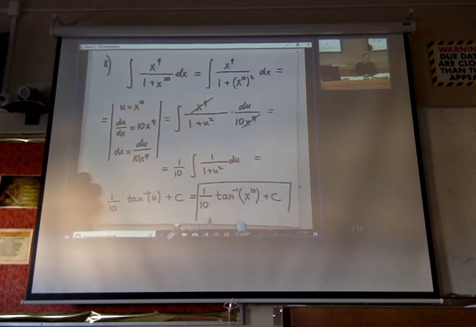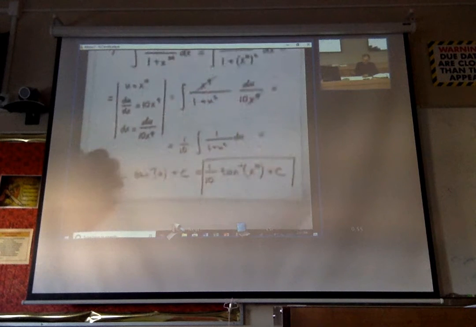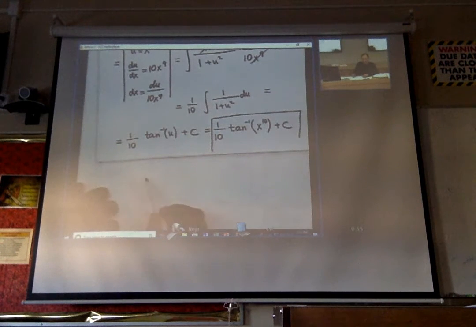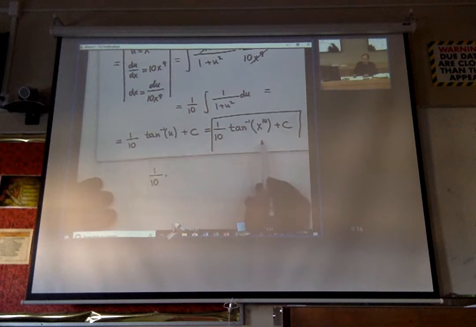But that's right. You just take the derivative of this, right? Actually, let's take the derivative just to see how it goes, because you still have little problems with it on the test. So if I take the derivative of this, what do I get? I get 1 over 10, right? And then this is a composition. So I take the derivative of the inverse tangent first, right? So there will be 1 over 1 plus what? X to the 20th.